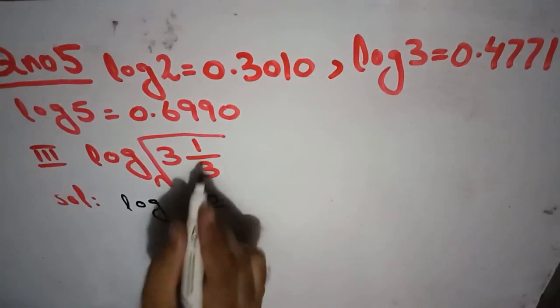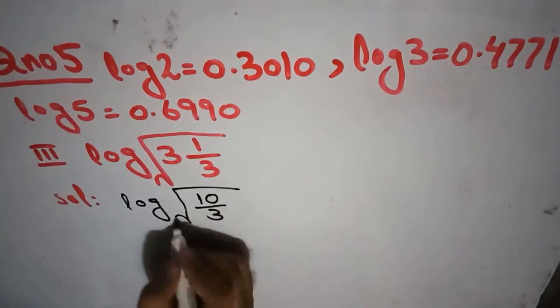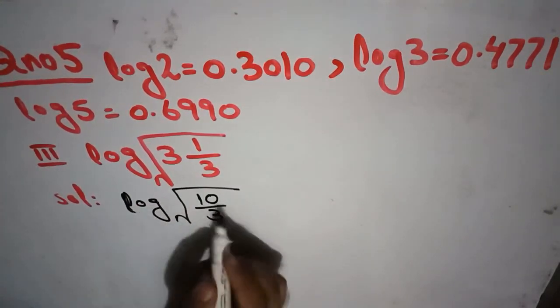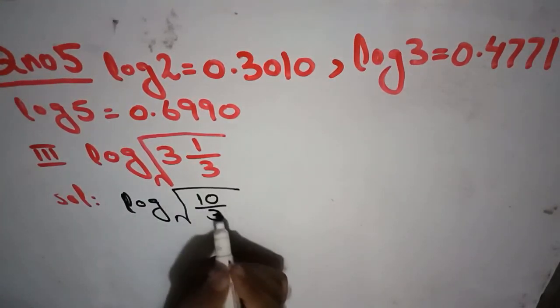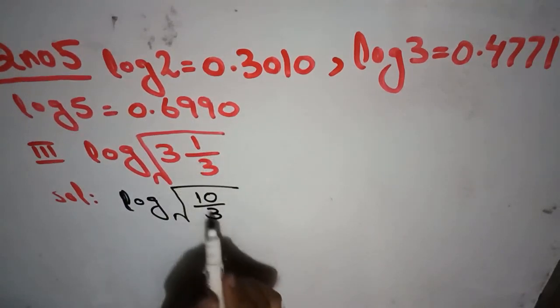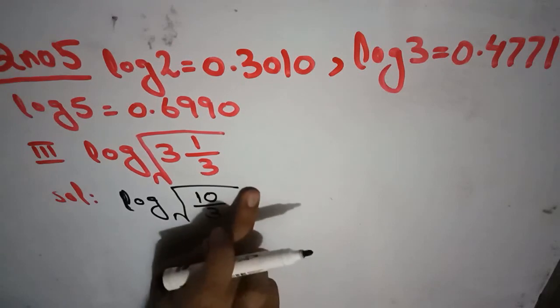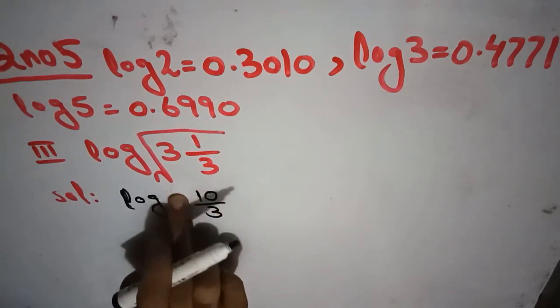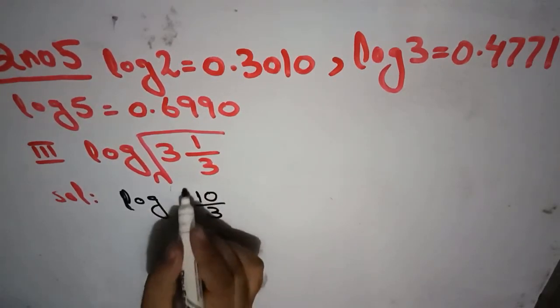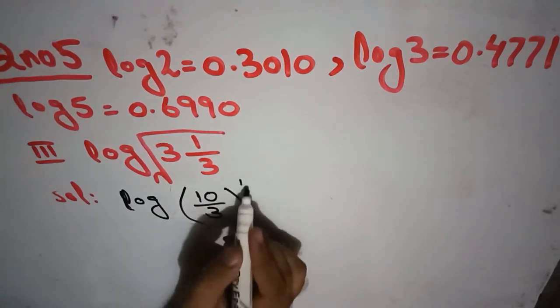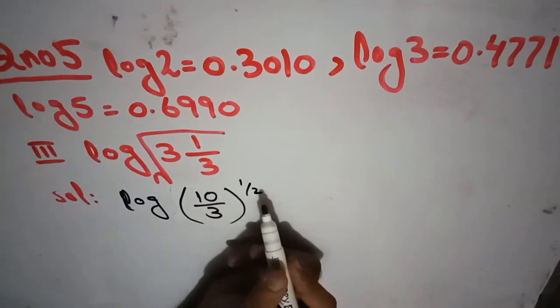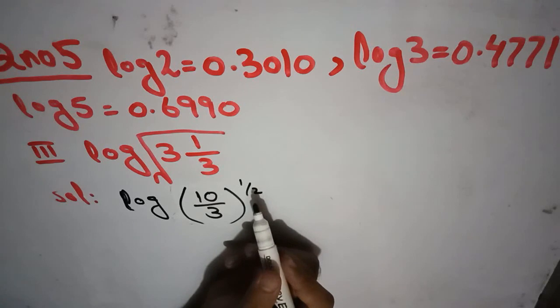So by simplifying the internal values, there will come 10 by 3, and the under root sign can be changed by using the property of the log. I am changing the sign of the under root into 1 by 2.